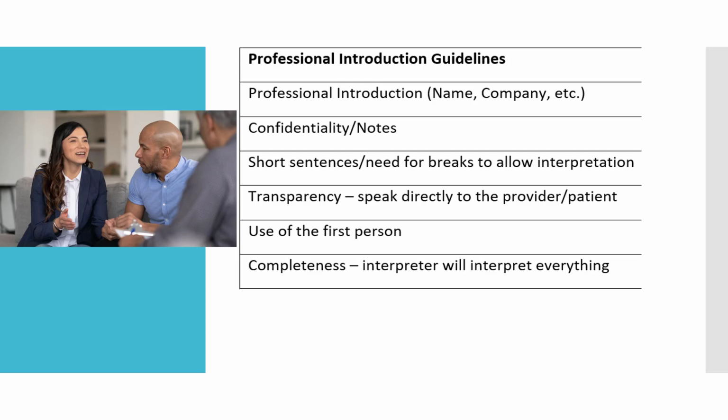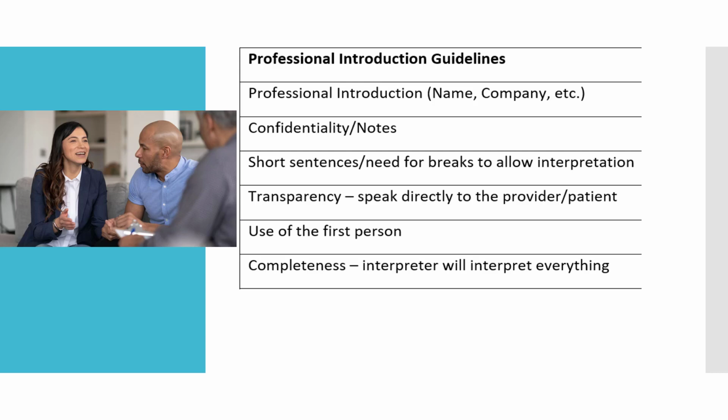Okay, so on screen, we see the guidelines for the professional introduction. Just to be clear, a professional introduction ideally needs to be done with the patient, so between the interpreter and the patient, and between the interpreter and the provider. They both need to receive information from the professional introduction before the encounter begins, before they start addressing the visit or the appointment for the patient.